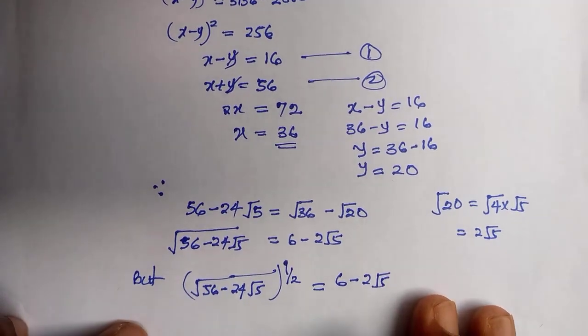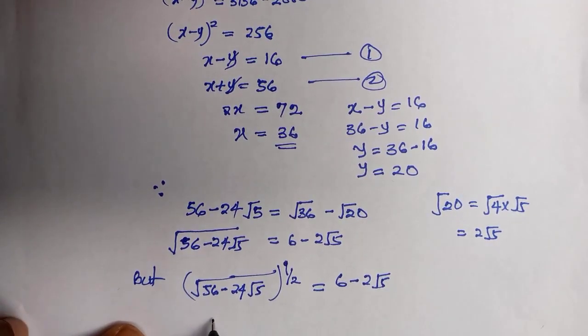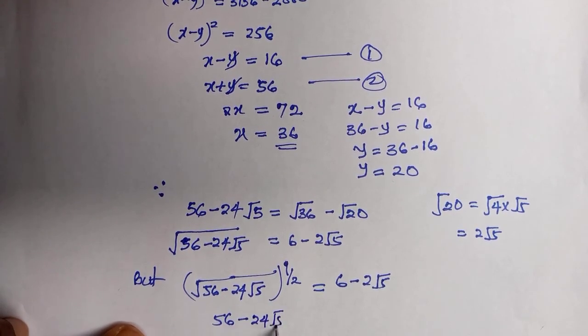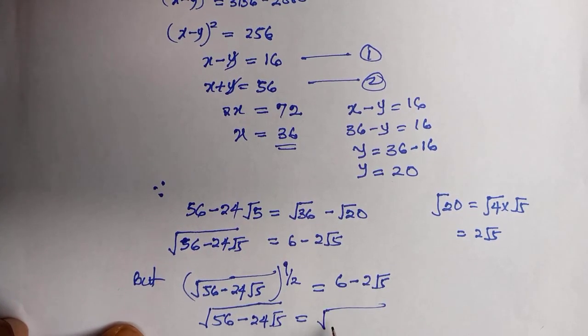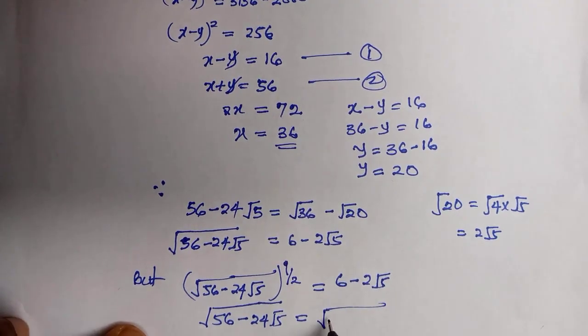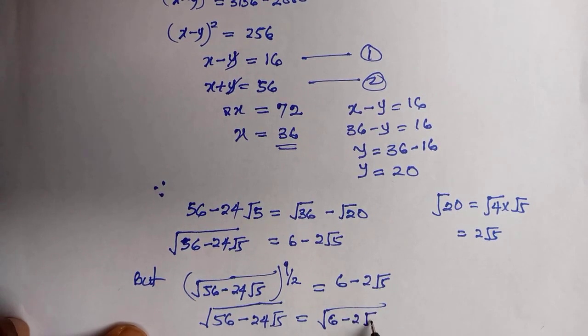So I'm letting all this one to be root as well. So here we have the root of 56 minus 24 root 5 equals the square root of 6 minus 2 root 5.